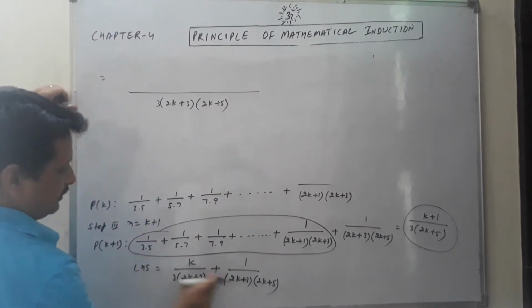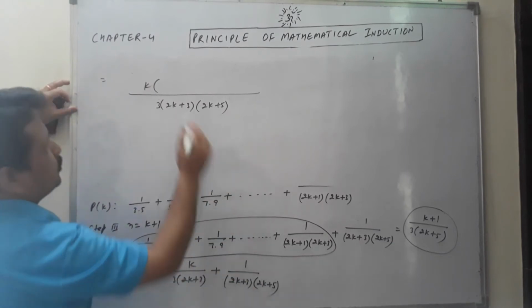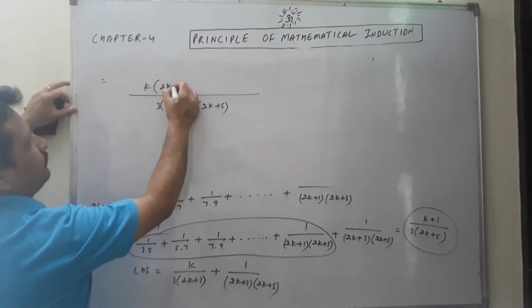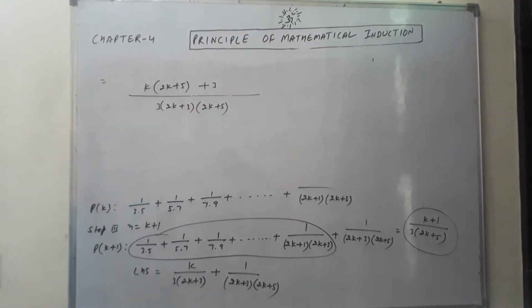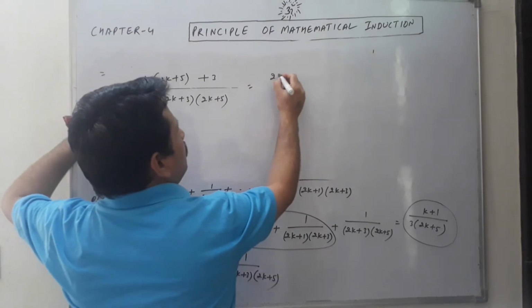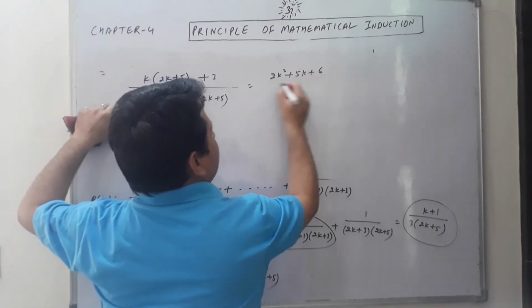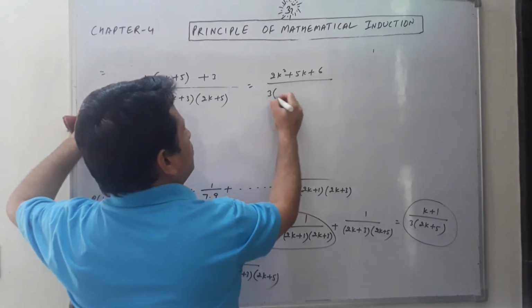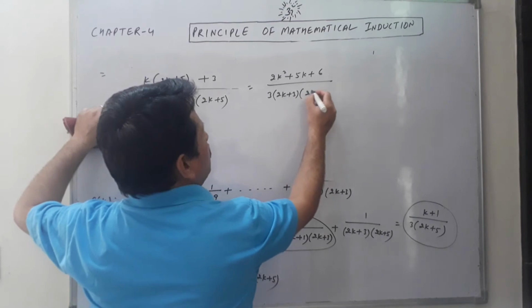So students, here k into this (2k plus 5) plus 3 we will get. By taking its LCM, this will come as equal to (2k square plus 5k plus 3) upon 3 into (2k plus 3) into (2k plus 5).